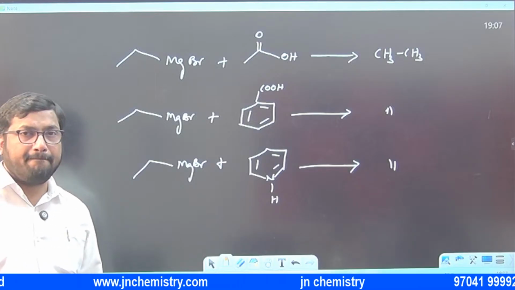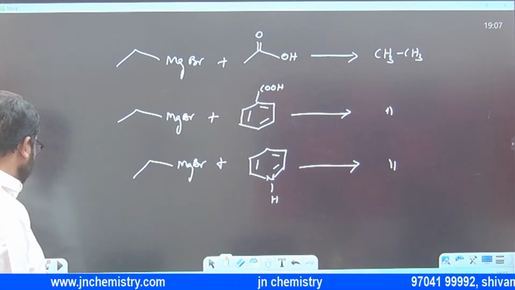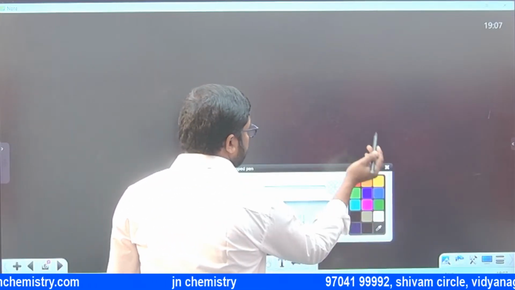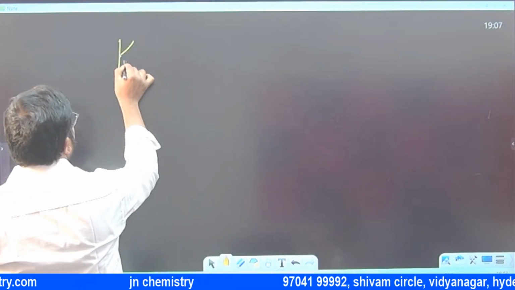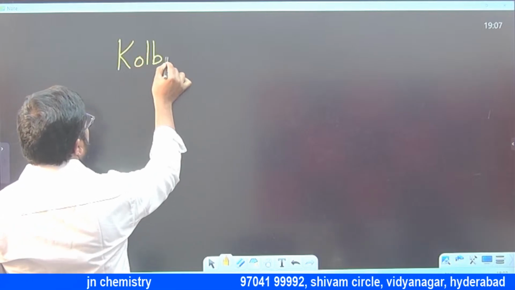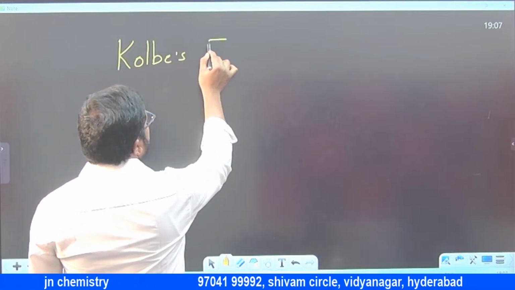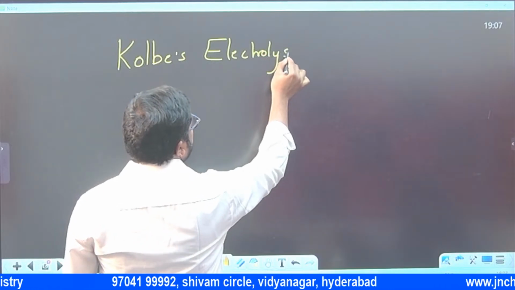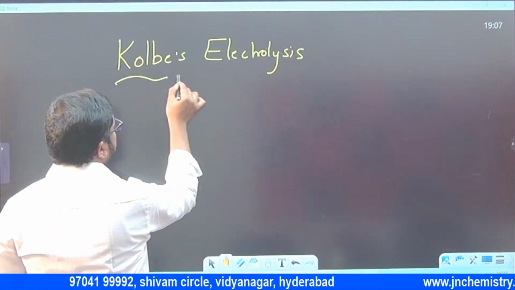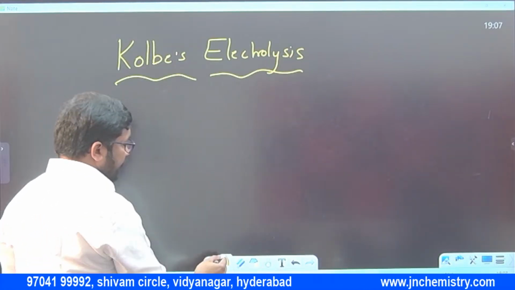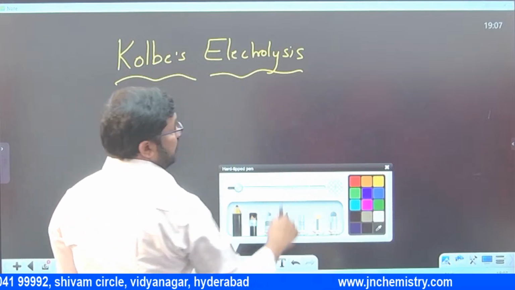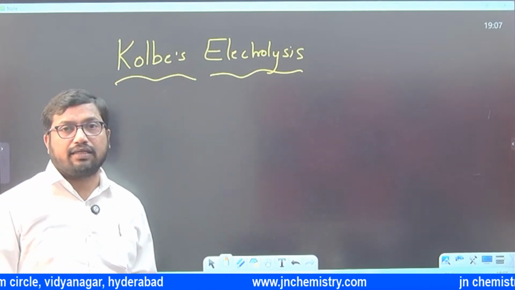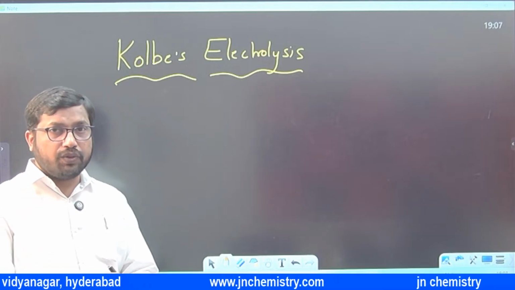Then next, coal-based electrolysis. This is important. Actually, in second year we'll discuss electrochemistry and electrolysis. In electrolysis, two types of cells are there: electrolytic cells and electrochemical cells.